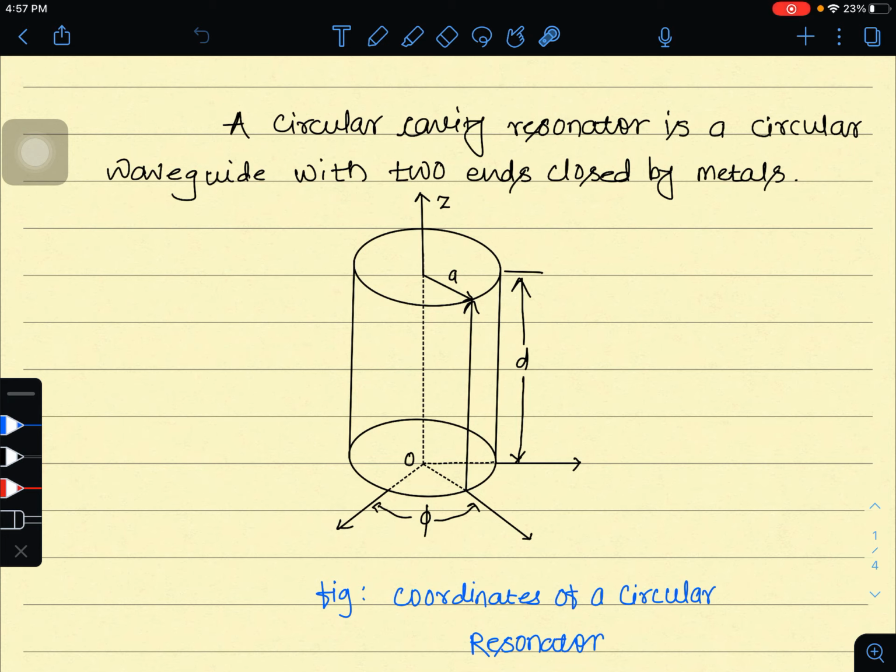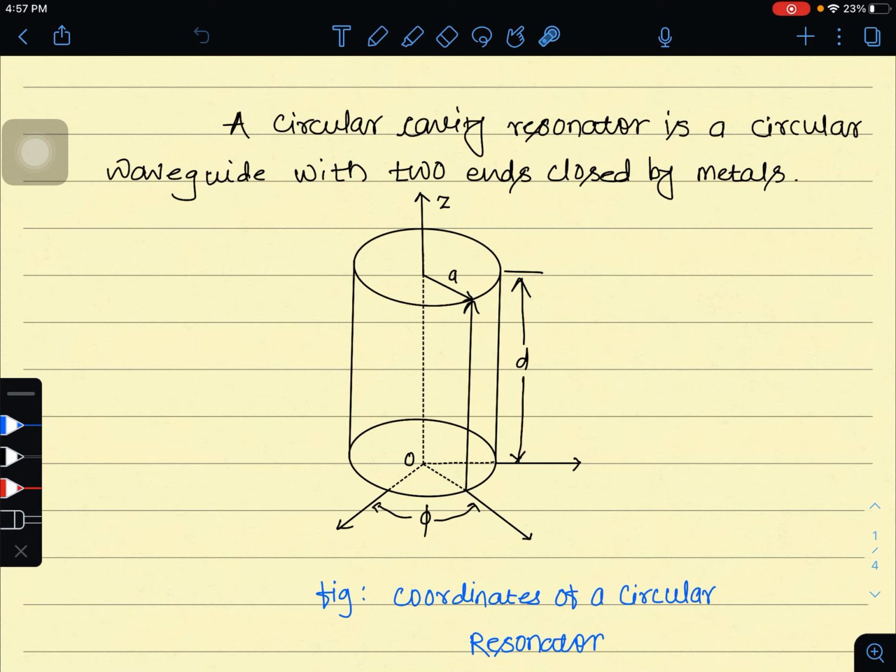Now the wave function in a circular resonator should satisfy Maxwell's equations, but according to the boundary conditions, as described for the rectangular cavity resonators.